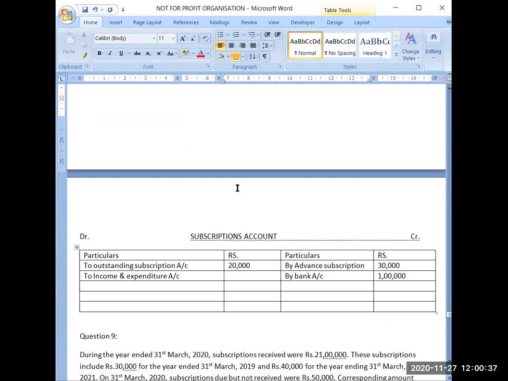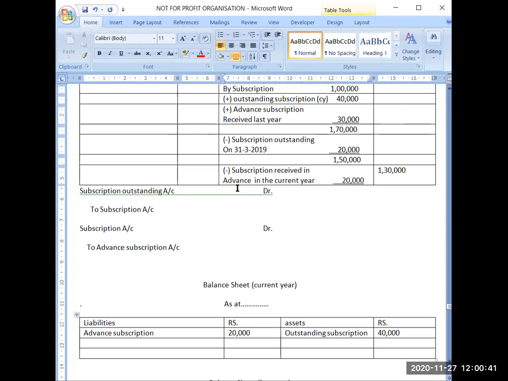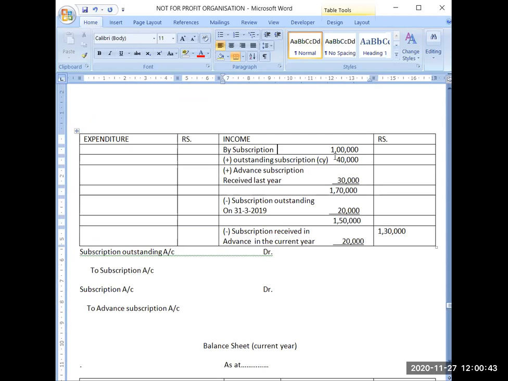So now we have to see what is the amount of current year outstanding subscription. Current year outstanding subscription is 40,000. And for that, what journal entry we would have done? We would have done the same journal entry, subscription outstanding account debit to subscription account.